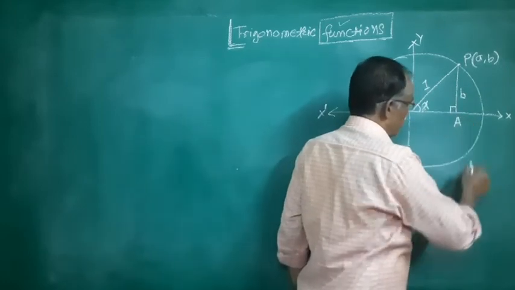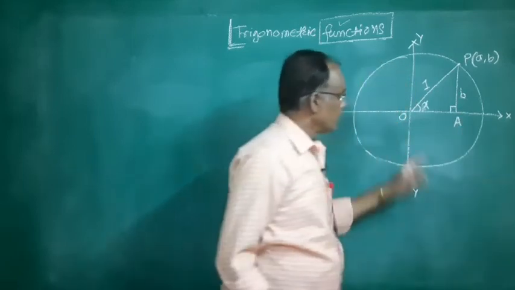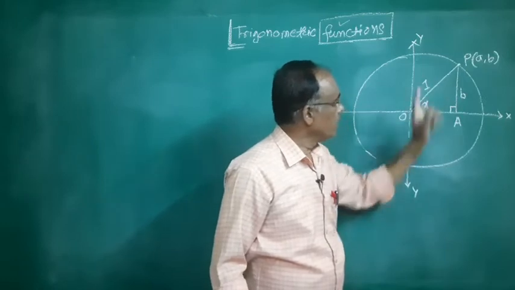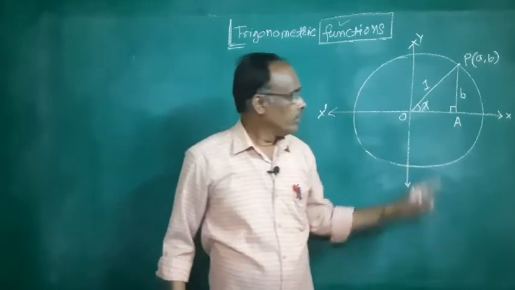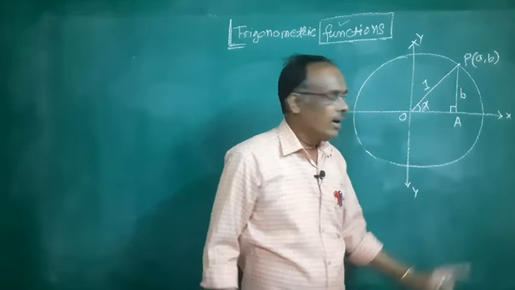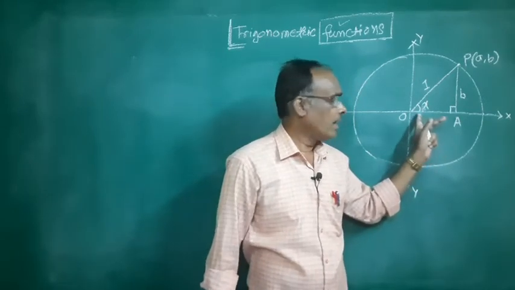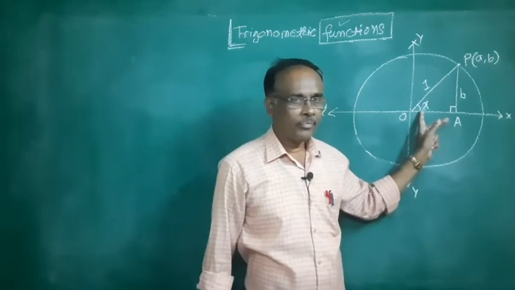We denote the foot of the perpendicular by the letter A. Therefore here is a triangle OAP, and we know the trigonometric ratios of angle x.